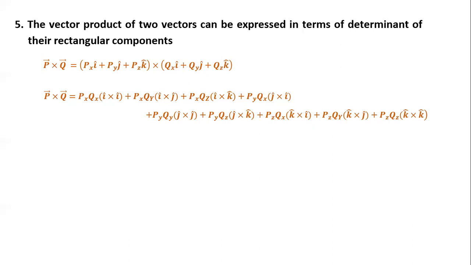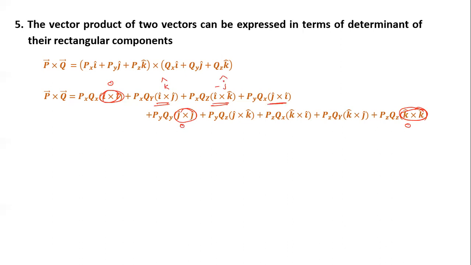Then after that, you know that in the previous one we did, I cap cross I cap is 0. So j cap cross j cap is also 0, and k cap cross k cap is 0. Then here I cross j is k, then I cross k is minus j.